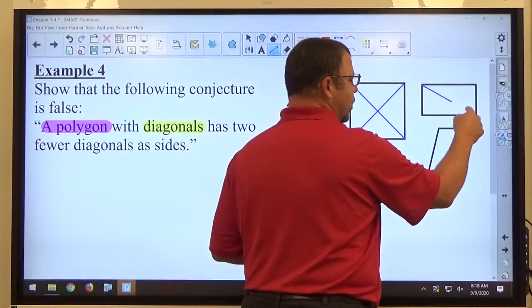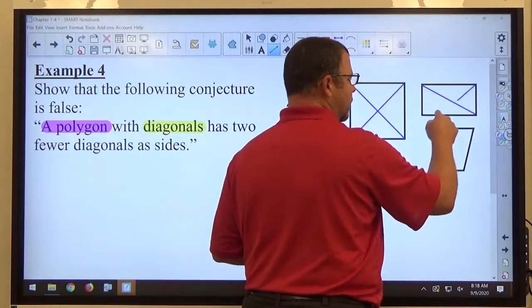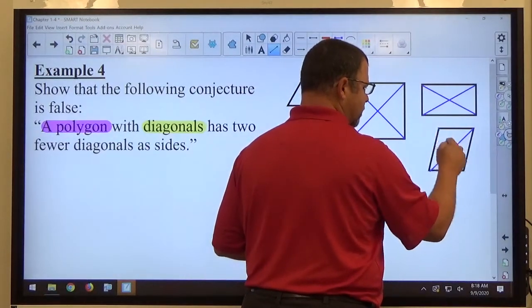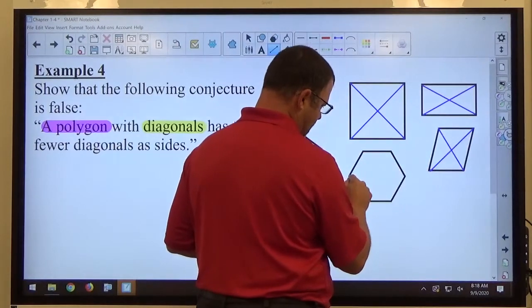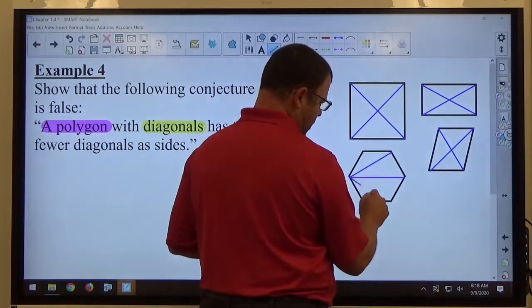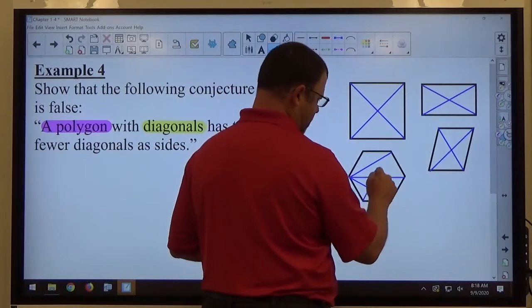Quadrilaterals, notice the rectangle here, here, and the parallelogram, there's a diagonal, there's a diagonal. And for the hexagon, I got straight across, up around here, down to there, to there.